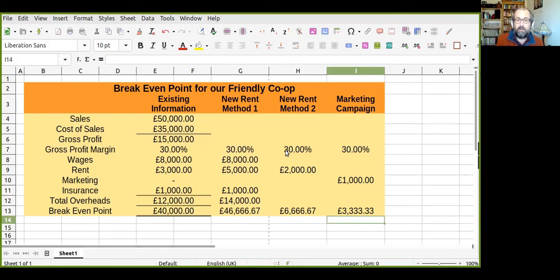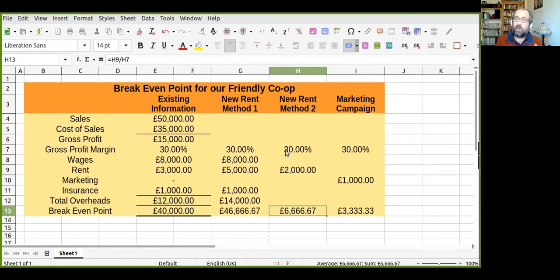And if we're using the marketing to drive the turnover that's required to move into the bigger premises, then the total extra sales that we have to generate is both the £3,333 and the £6,666, which means that we have to generate an extra £10,000 worth of sales to be able to afford to move into our bigger premises and do the marketing campaign to drive our turnover.